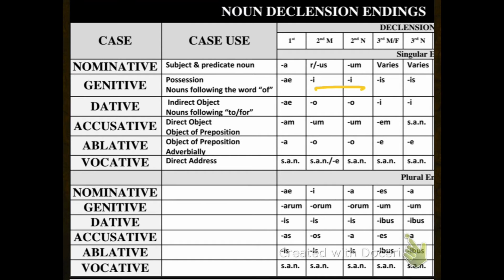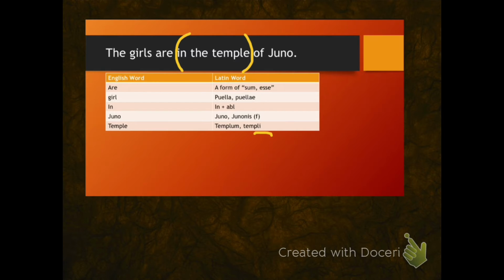Remember that when you see I on the genitive form, you have a second declension noun. The ablative singular ending for a second declension noun is the letter O, no matter whether you are working with masculine or neuter.